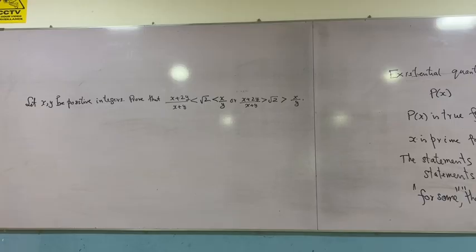So here on the board there is one irrational number, root 2, and two rational numbers, x plus 2y over x plus y as well as x over y. Right?